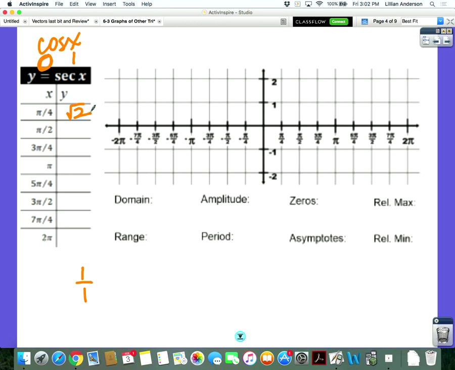What was the cosine of pi over 2? So the secant would be undefined, because think about it, you have 0 over 1, flip it is 1 over 0. Which means there's going to be a what at pi over 2? A vertical asymptote. The cosine of 3 pi over 4?